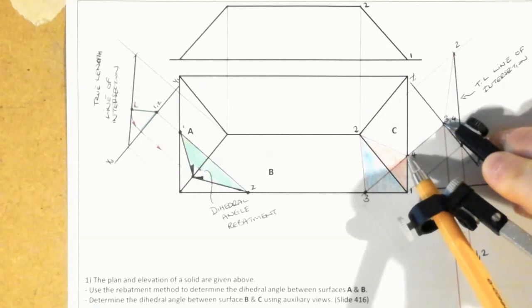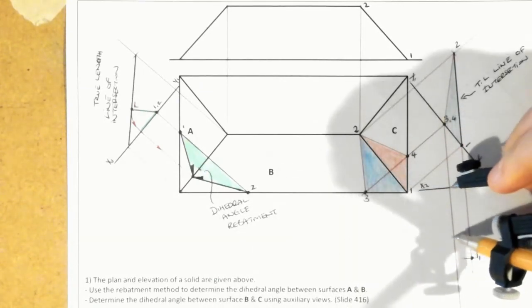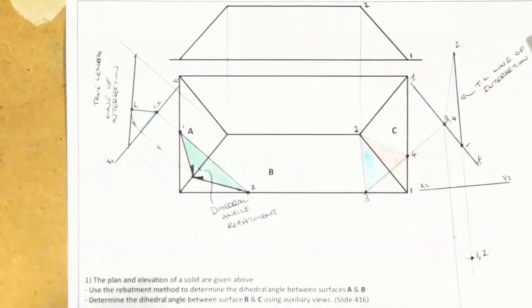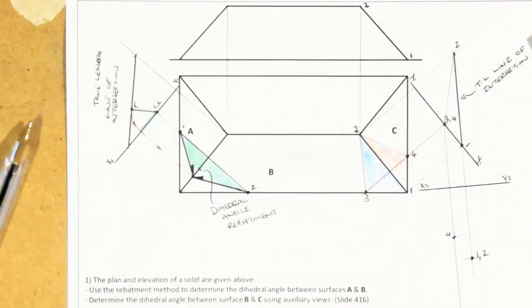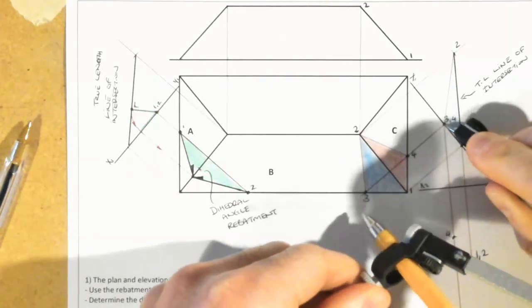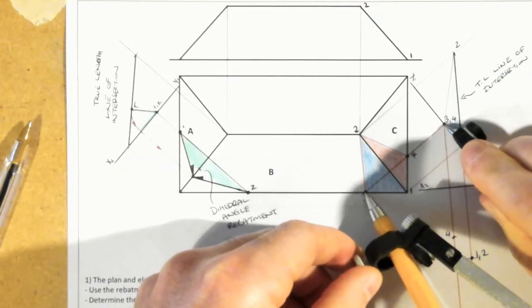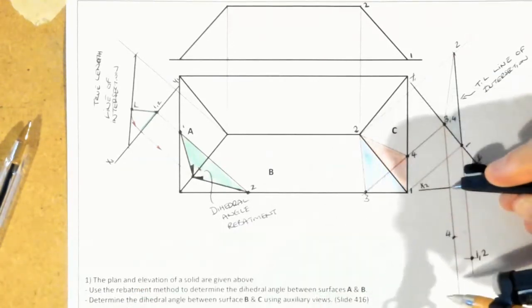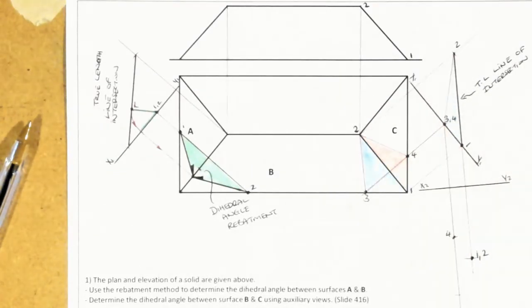We always do one view back, and then from here, that's where my 4 is going to be. And to find my 3, it's this distance. Hopefully it'll fit in my page. Just about. There's my 3.